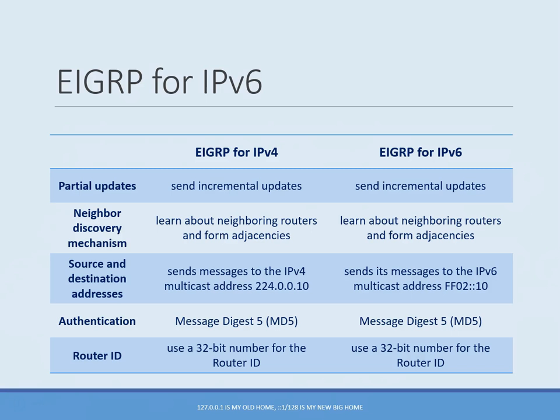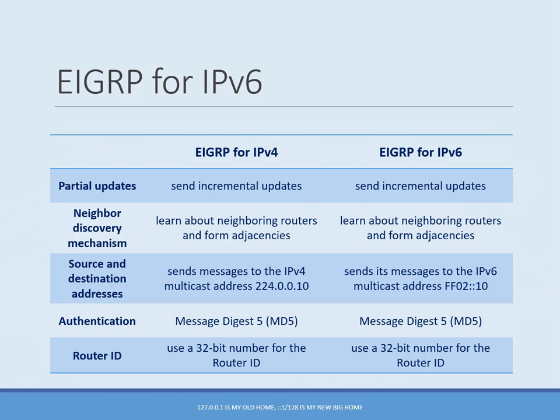In case of any change, EIGRP for IPv4 and IPv6 send incremental updates. In terms of neighbor discovery mechanism, both of them use a simple hello mechanism to learn about neighboring routers and to form adjacencies.